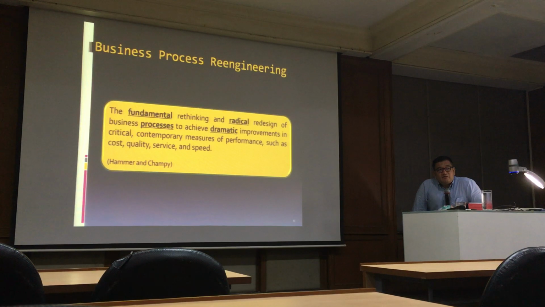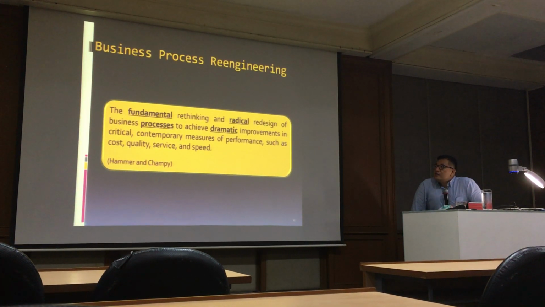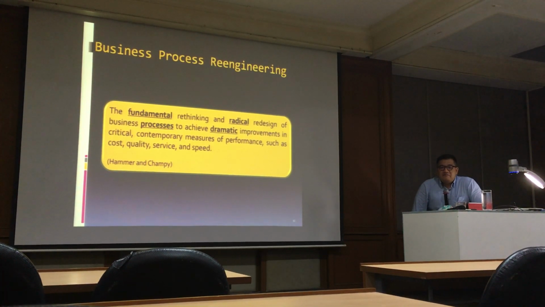So there are just 4 keywords for reengineering, including fundamental. It means you consider the fundamentals of your business. The second one is radical. It means you change not just little things, you break through, you change the big one, so we call it radical change. And you're focusing on processes, and finally you expect the result to be dramatic.